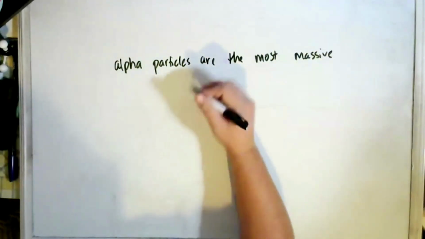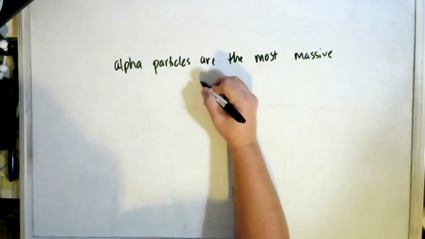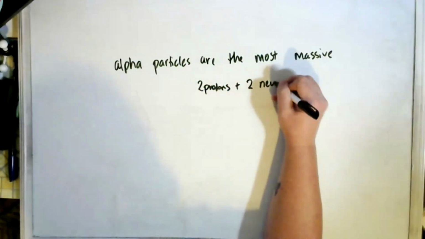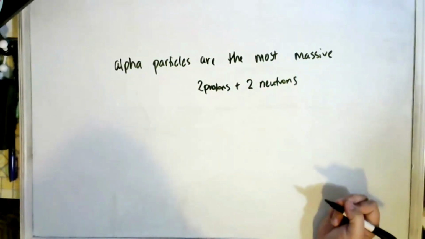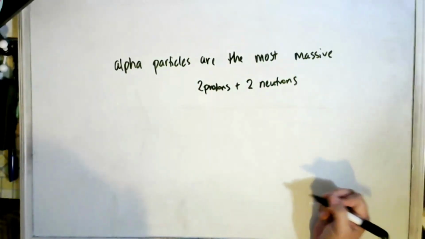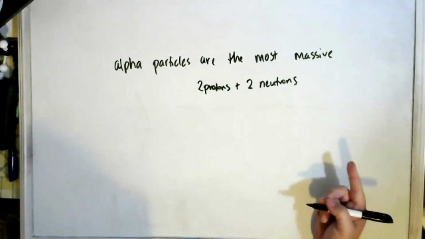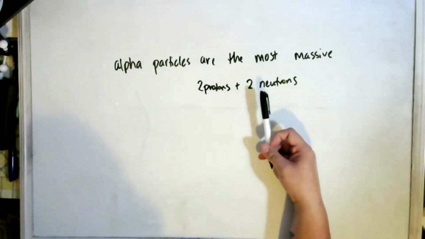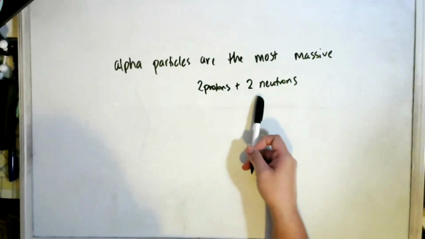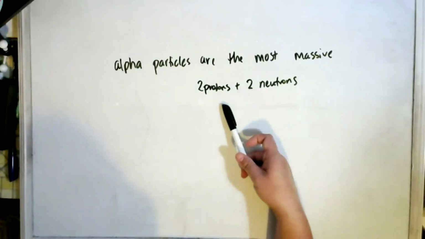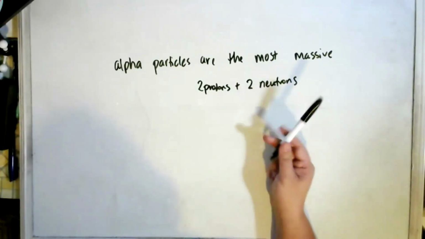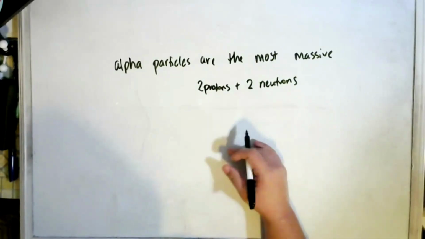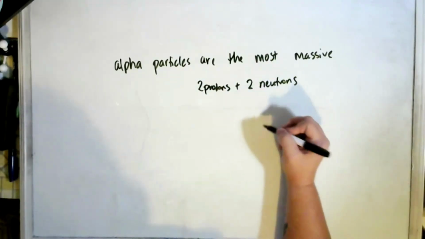They're the size of a helium nucleus, which means they have 2 protons and 2 neutrons. So they're big. Beta particles are essentially the size of an electron, which are tiny. A single neutron is definitely going to be smaller than an alpha particle, which has 2 neutrons and 2 protons in it. Positrons are the same size as beta particles, just oppositely charged. So the biggest thing on this list is going to be that alpha particle.